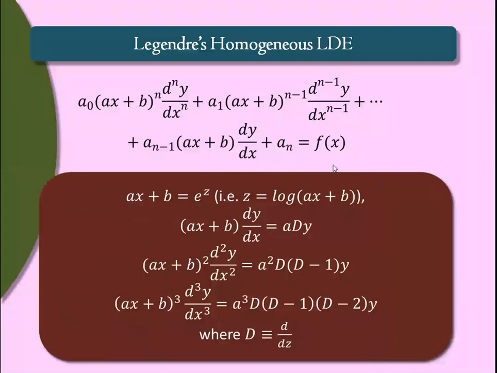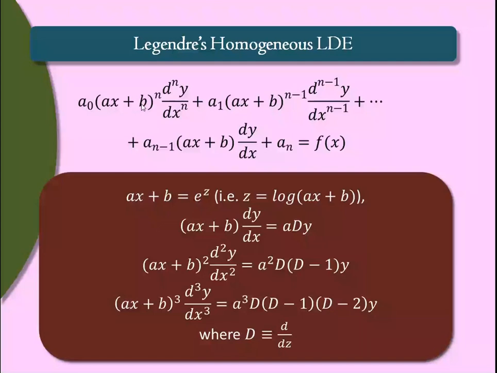We substitute ax+b = e^z. This is a common substitution for all such types of equations. A and b can be any numbers, real, zero or non-zero.